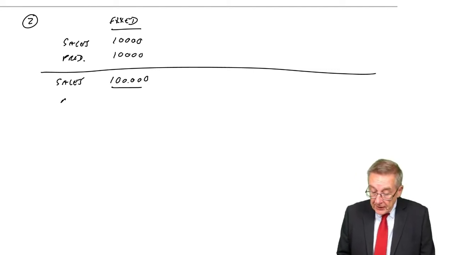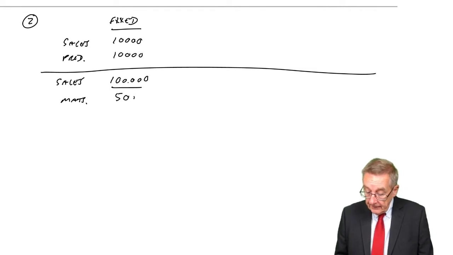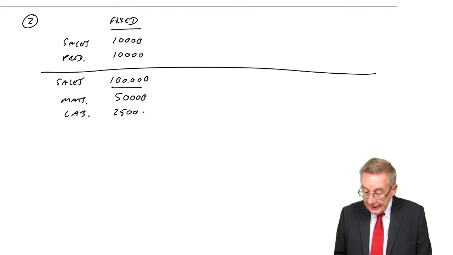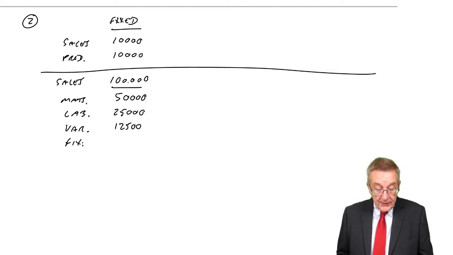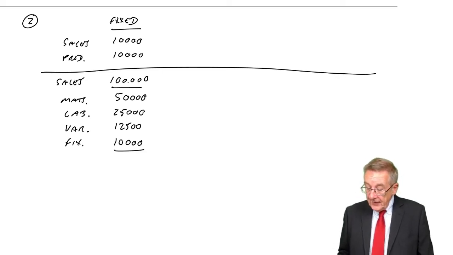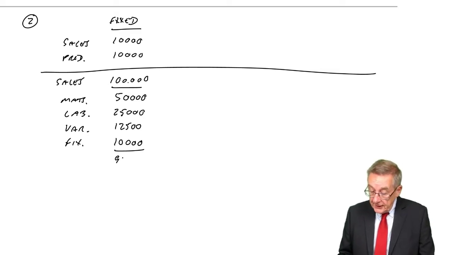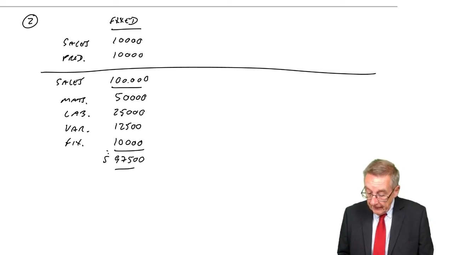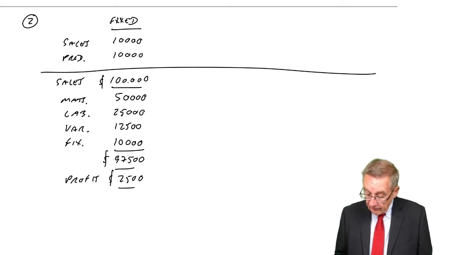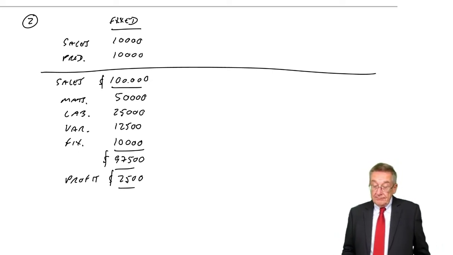The costs, we're budgeting on materials of 50, labour 25, variable overheads 12,500, and fixed overheads of 10,000. So the budgeted costs 97,500, and therefore we were budgeting on profit of 2,500. So that was our budget.